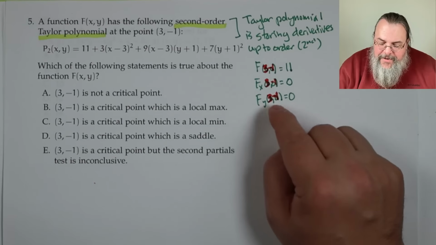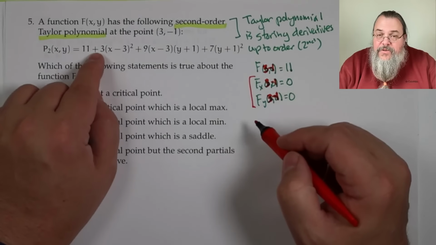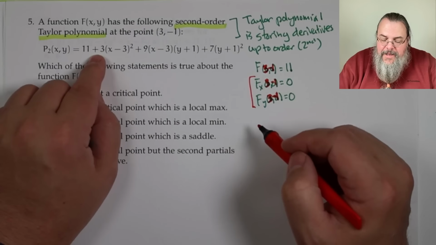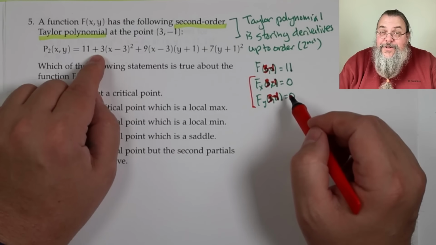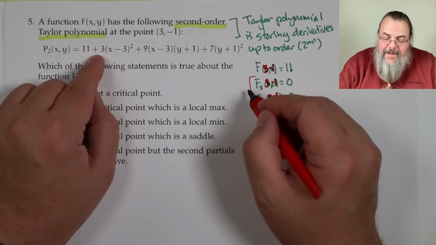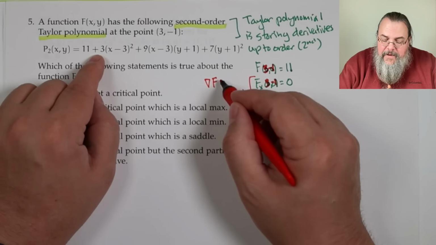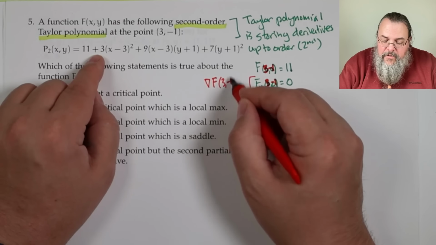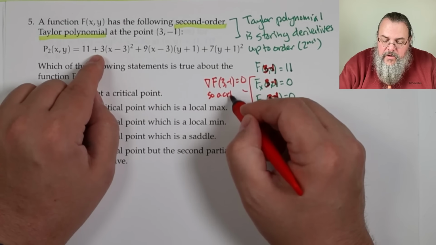Okay, at 3, minus 1, we see that since there's no x minus 3 term or y plus 1 term, those terms have to be 0, which means the gradient is 0. And so we say, aha, the gradient of f at 3, minus 1 is 0, so a critical point.